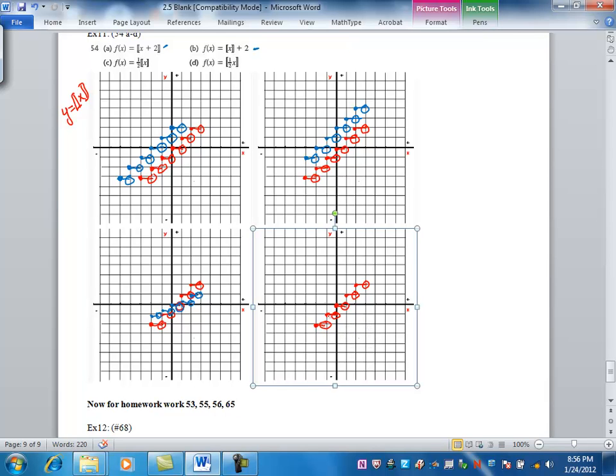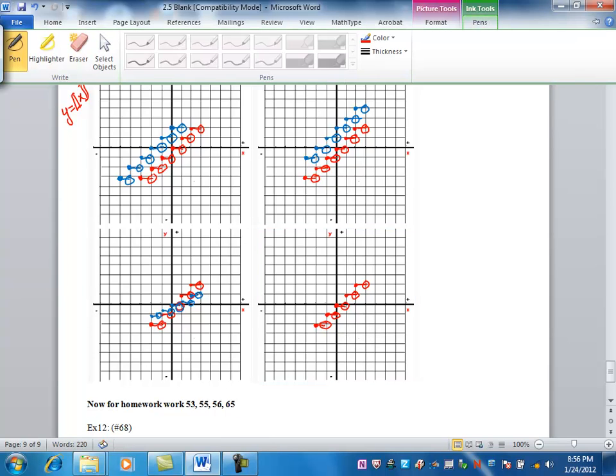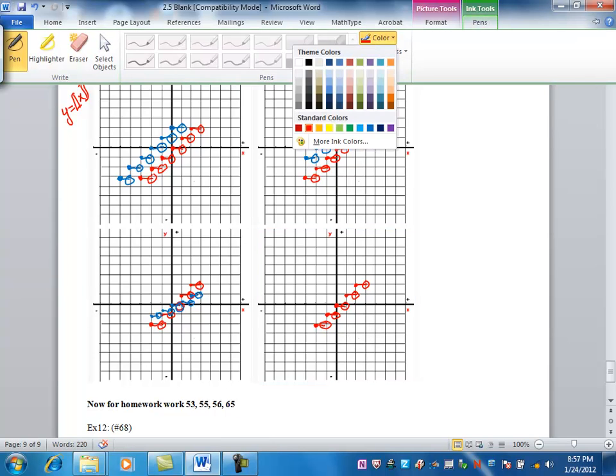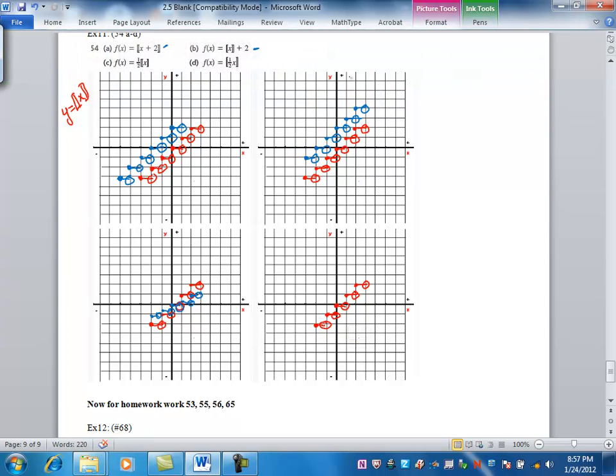Now, you'll remember that when we multiply the input by a value between 0 and 1, that's actually a horizontal stretch. And so what you're going to notice this time is that all of these x values will be stretched out.